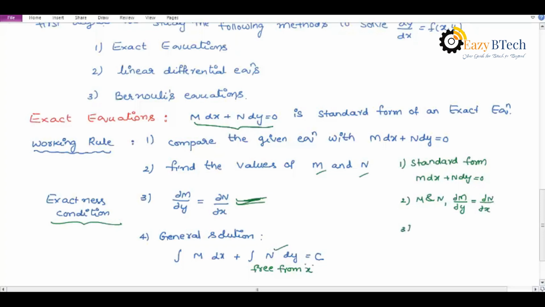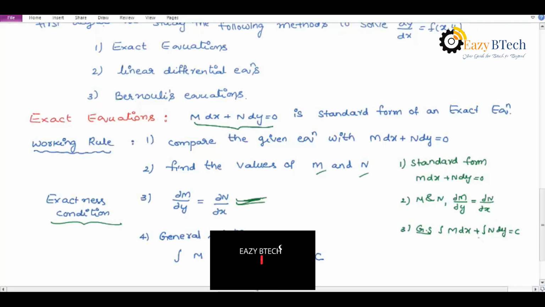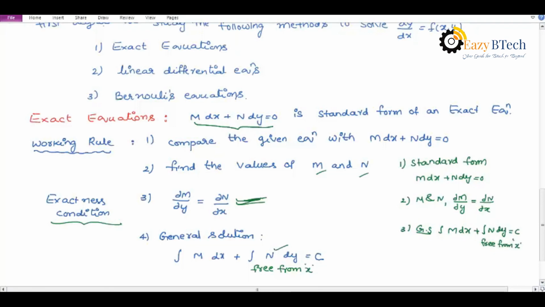If it is an exact equation, then find the general solution, integral M dx plus integral N dy is equal to c, where the second integration is free from x. This is the main point about exact equations, students.